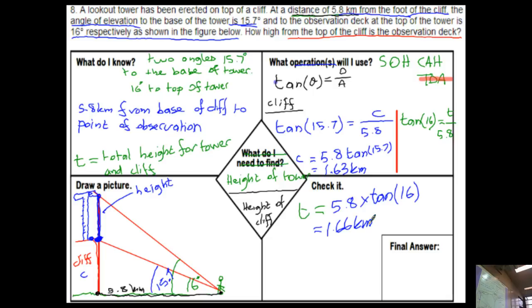So how do I then use those two pieces of information to get just the height of the tower? What could we do? Yes? Any ideas? Subtract them. Very good. Which ones do we subtract? So tower height.